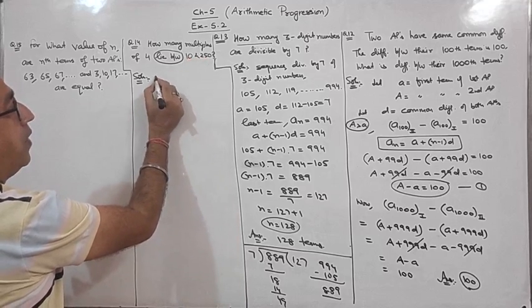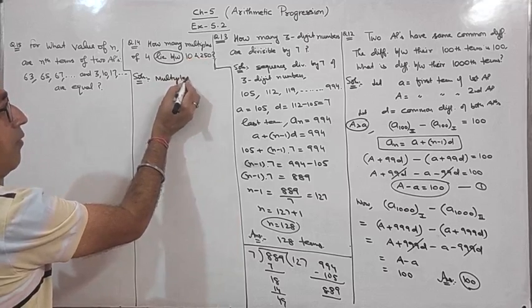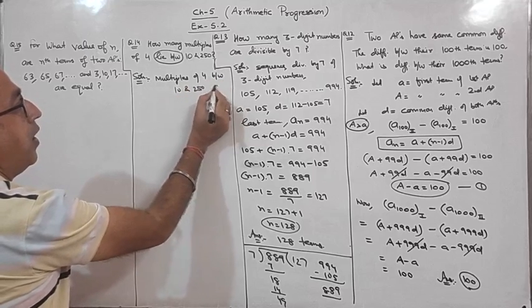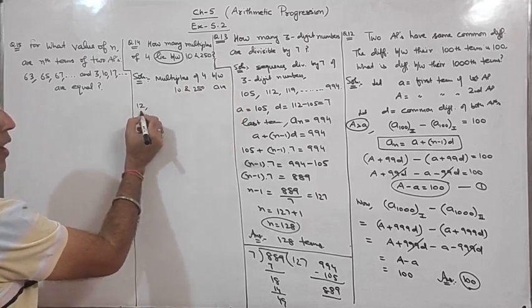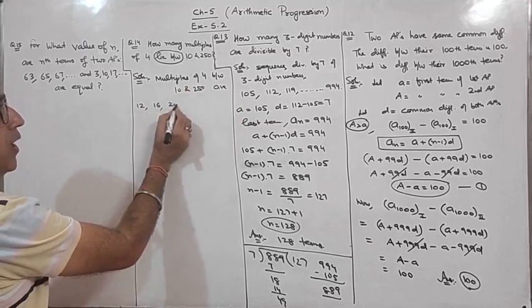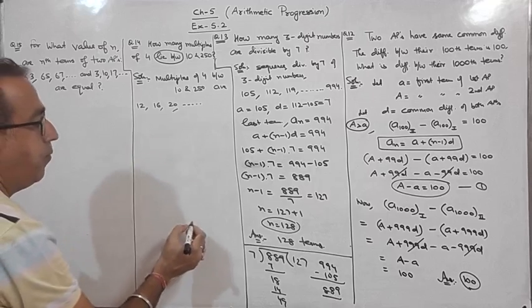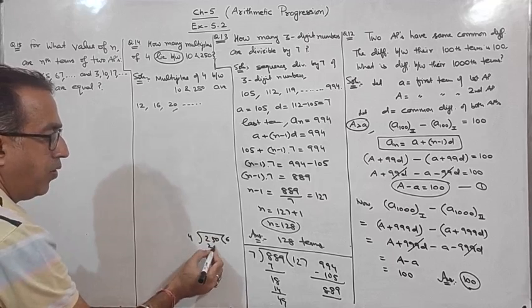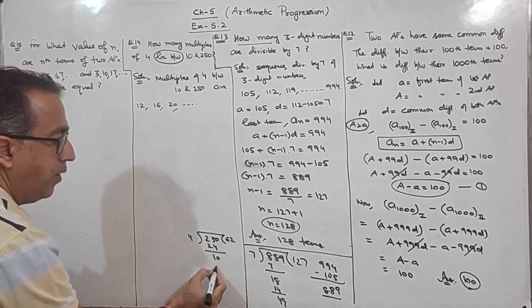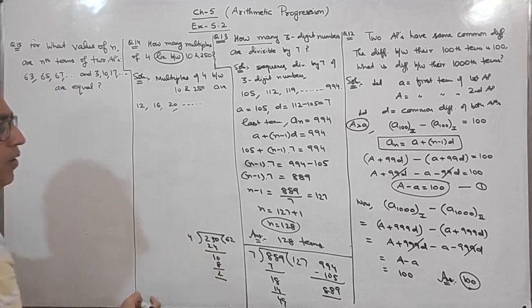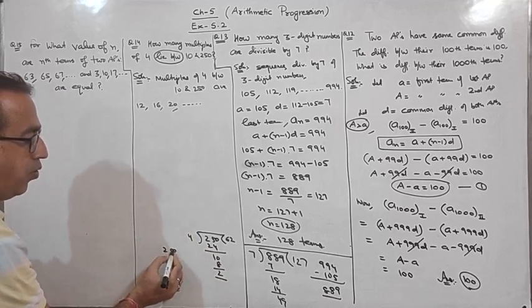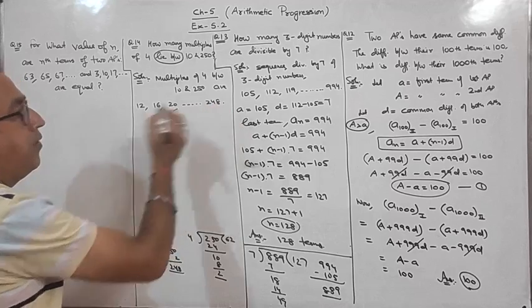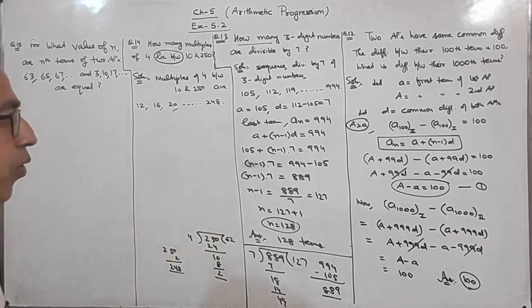You can see first number is 12. Multiples of 4 between 10 and 250 are first is 12, then by adding 4, 16, then 20, and then last will be, 250 divided by 4, you can check, remainder is 2. 250 minus 2, 248 will be the number which is divisible by 4.